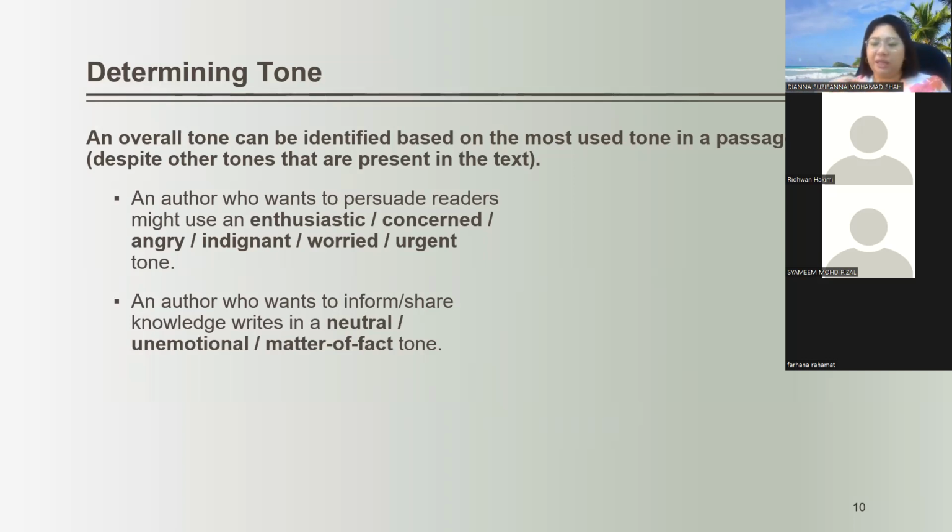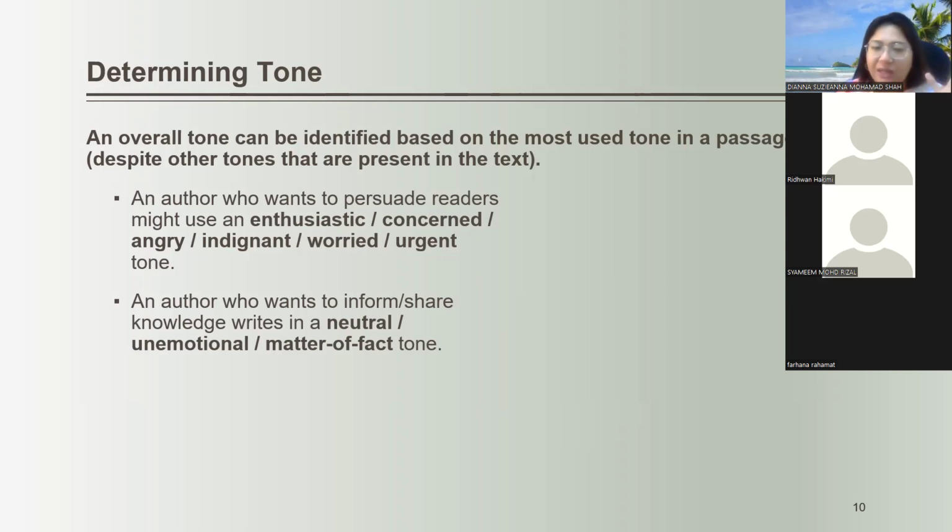For example, during a wedding, very happy and joyful, and then in the middle of that, they share that one of the guests at the wedding is unconscious. But you need to look at the most used tone in a passage, even though some parts of the paragraph show the sadness of the story.